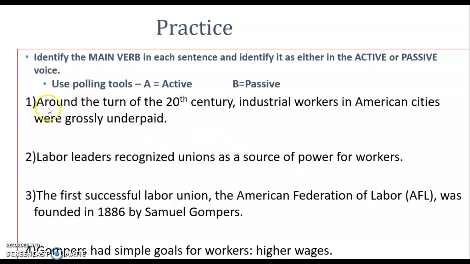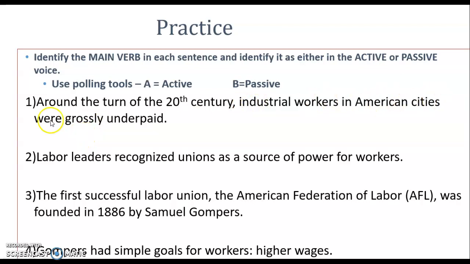Okay, so our first sentence is: around the turn of the 20th century, industrial workers in American cities were grossly underpaid. I'm going to cross off the prepositional phrase here because it is not part of the main point of the sentence.